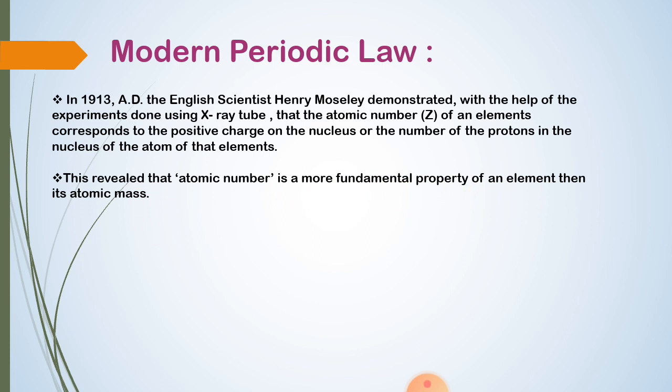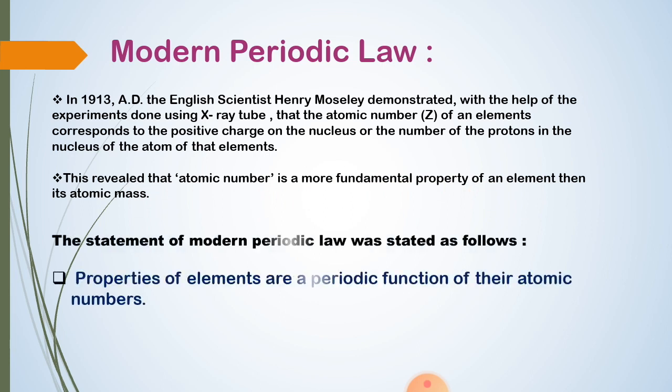So the modern periodic law says that atomic number is very important. The statement of the modern periodic law is: the properties of elements are periodic function of their atomic numbers. Remember this.